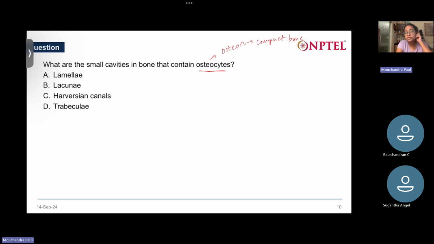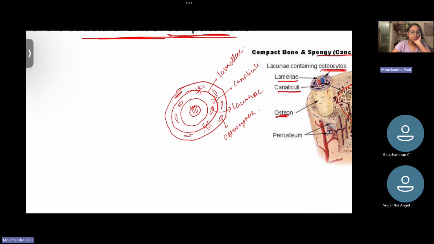Where does it reside? It resides in lacuna, right? I just told you, isn't it? Did you understand the structure which I tried to show you with the diagram?